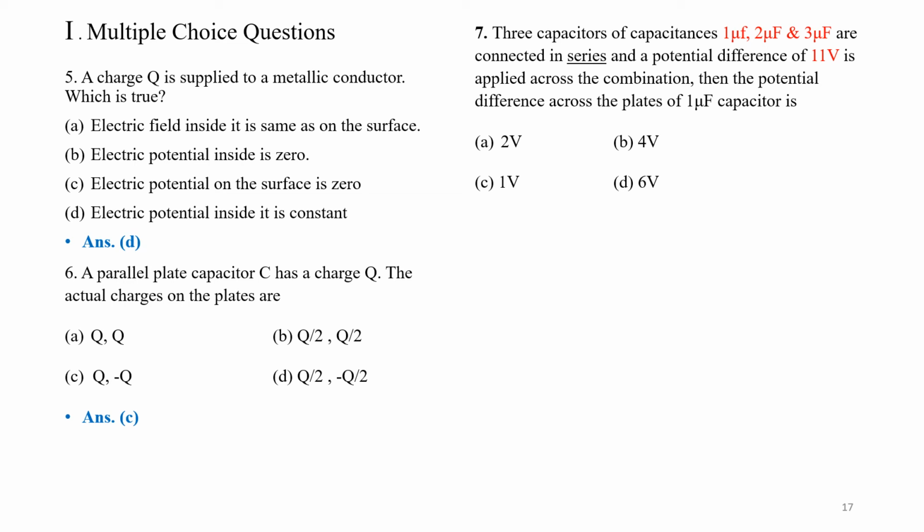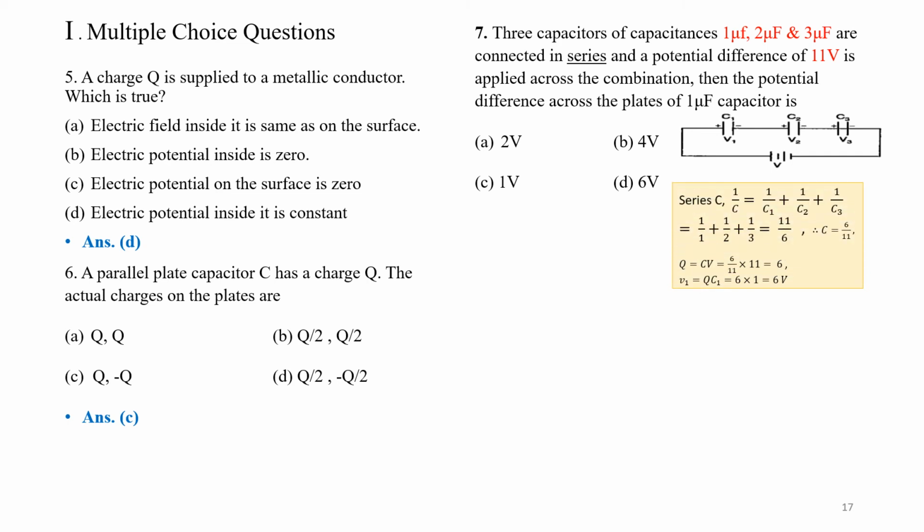So first, the capacitances are connected in series, you find the equivalent capacitance. 1 over C is 1 over 1 plus 1 over 2 plus 1 over 3. So these are the 3 capacitances. 1 by C you get 11 by 6, so C is 6 by 11.